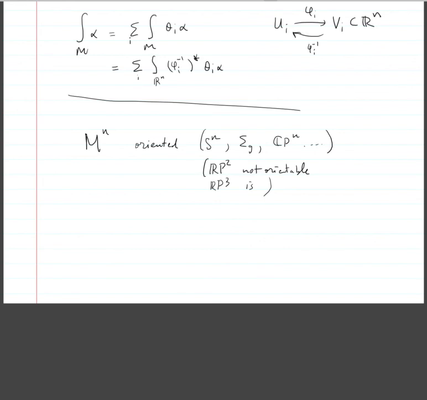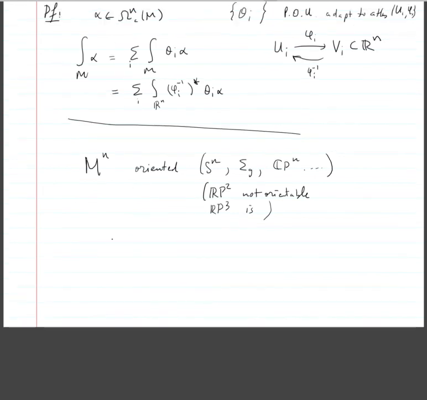And so what we'll do is say that if I now have an n form with compact support, then I can integrate the n form and get a number.